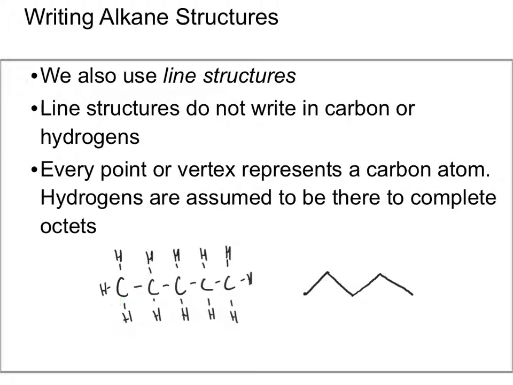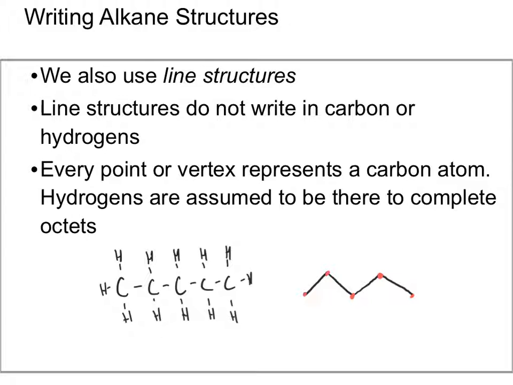This carbon atom here is represented as this point, and so on. This carbon atom is right here. This carbon atom here. This carbon atom is here, and then finally our terminal carbon atom here can be found at our last point.